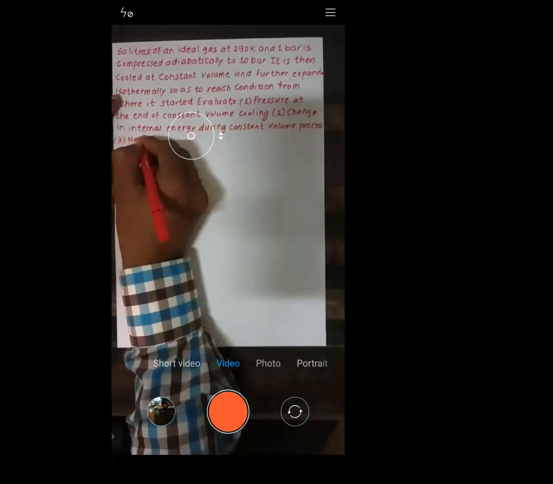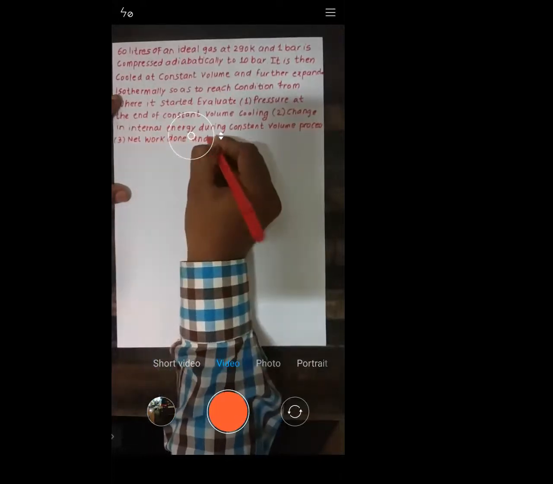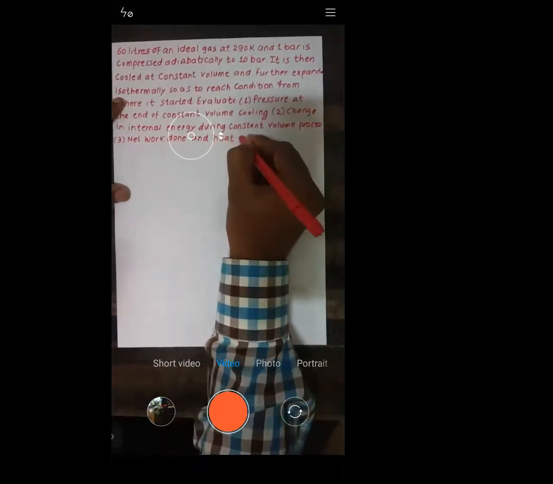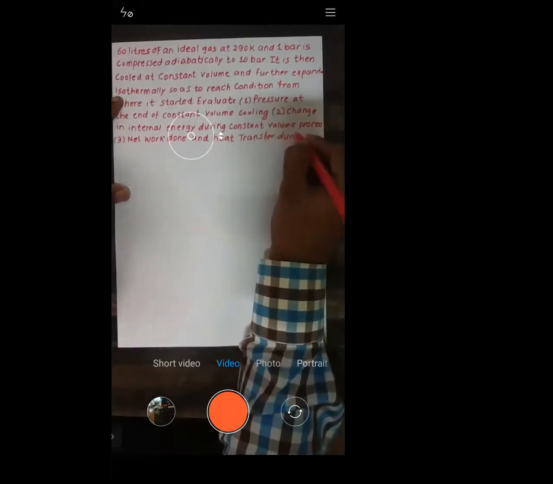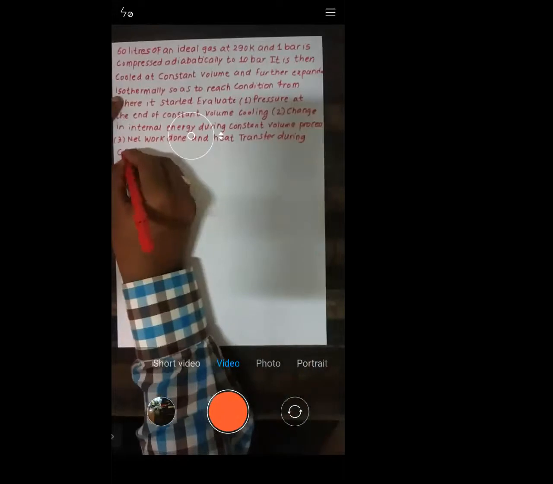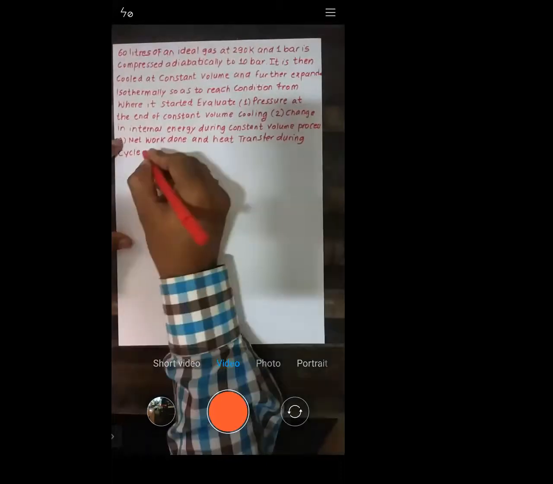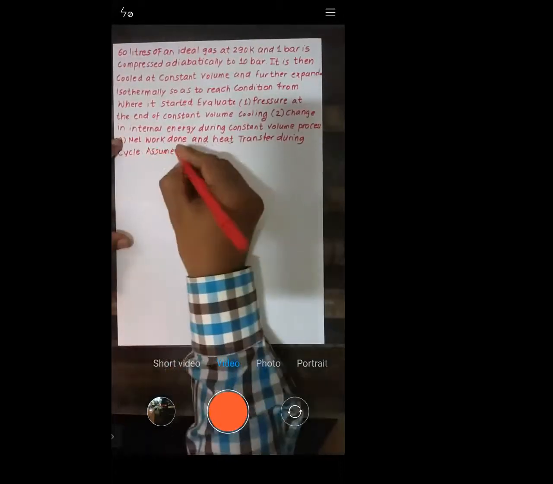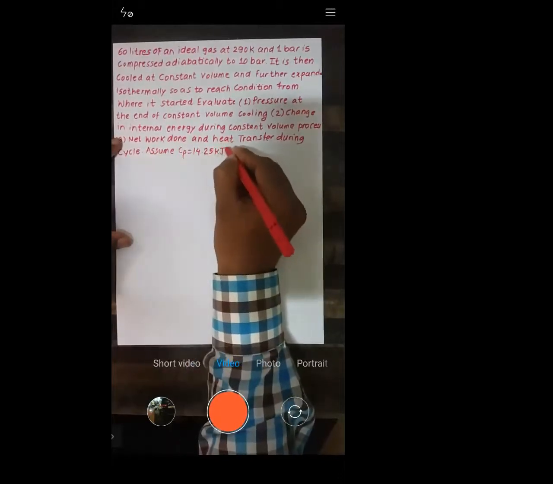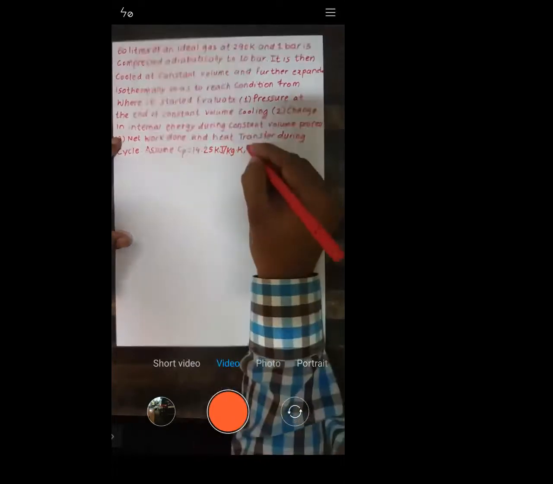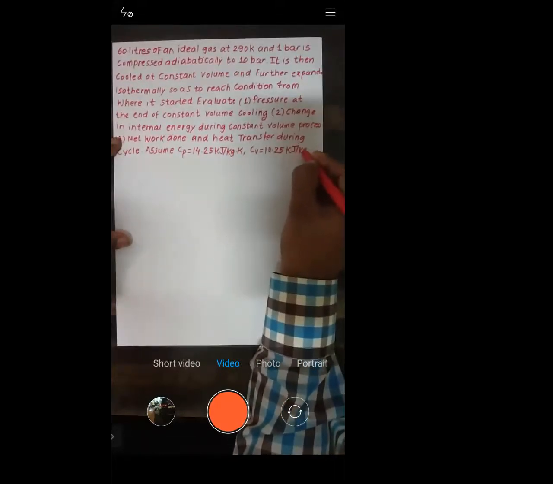Third, the net work done and heat transfer during the cycle. Assume Cp is equal to 14.25 kilojoule per kg Kelvin, Cv is equal to 10.25 kilojoule per kg Kelvin.